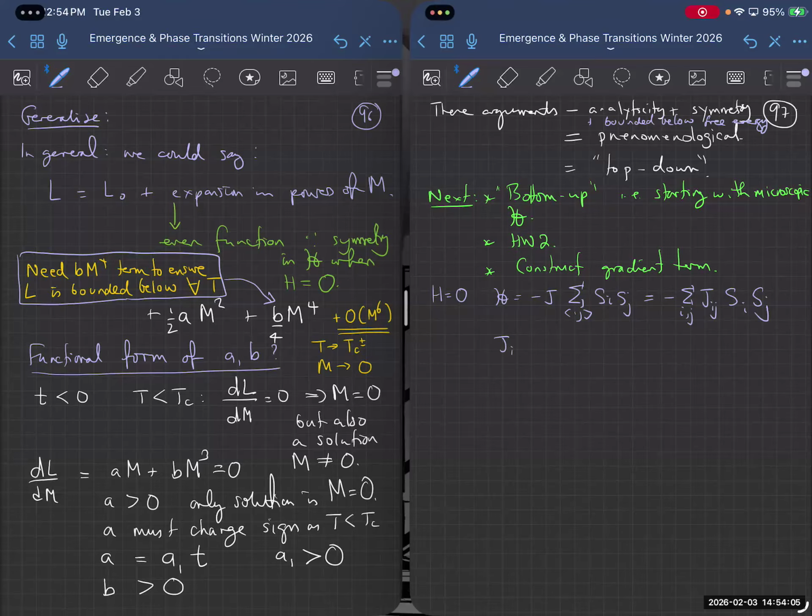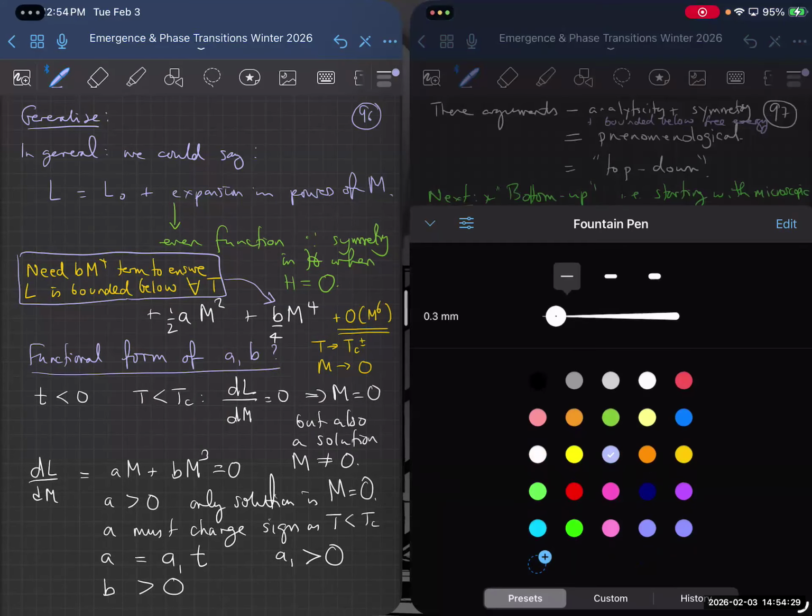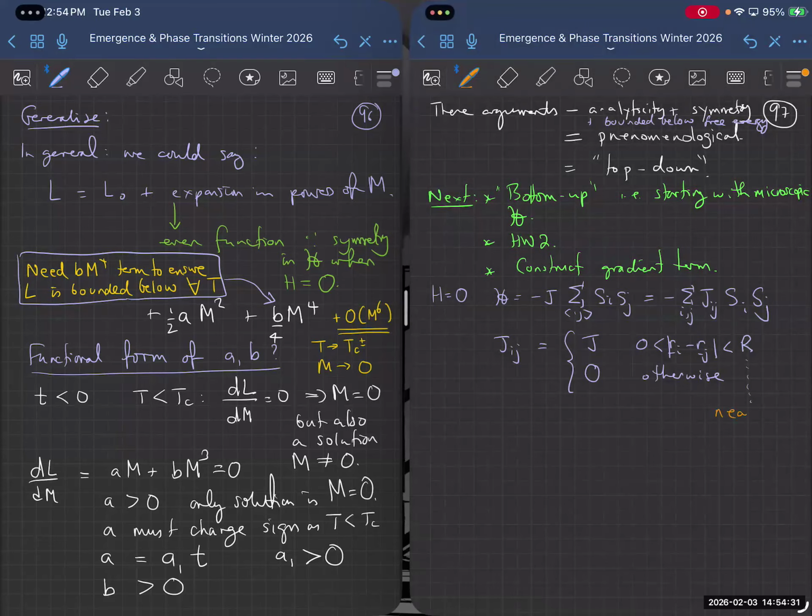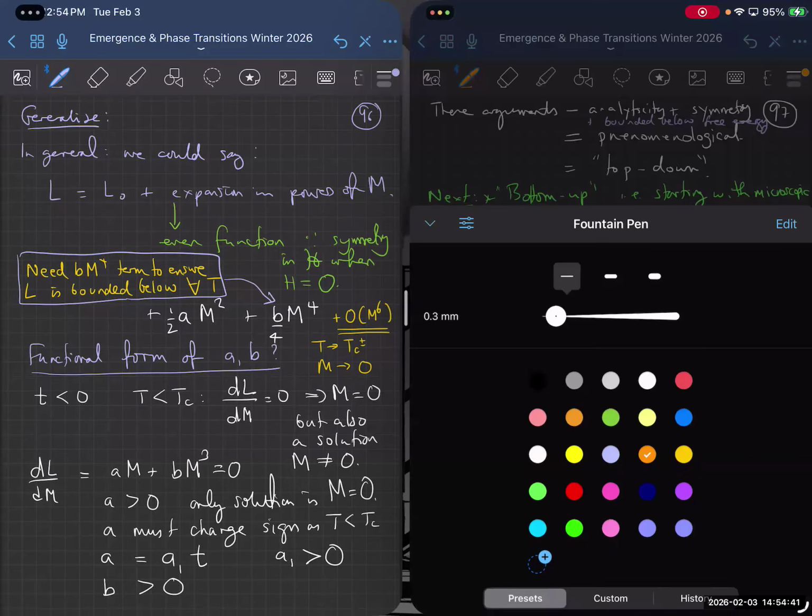What we expect is that J_ij would be just a constant if R_i minus R_j, that distance, is less than the range of interactions, and 0 otherwise. If that range of interactions is the nearest neighbor spacing, then that's what R is. R could be the nearest neighbor spacing, but in general it could be something more than that.